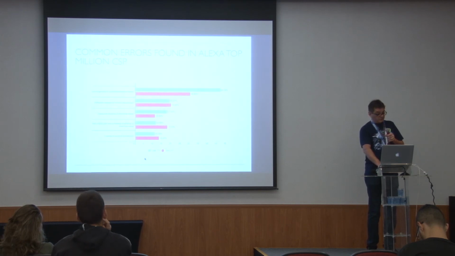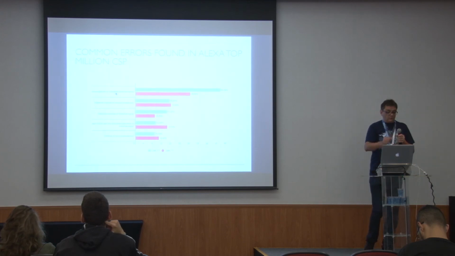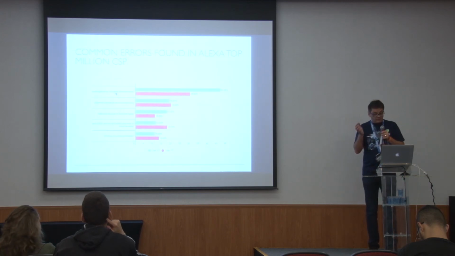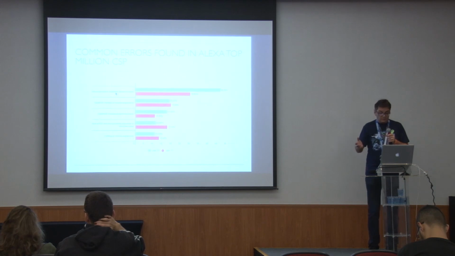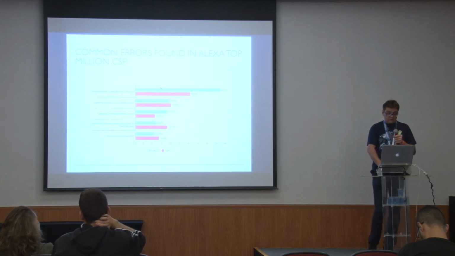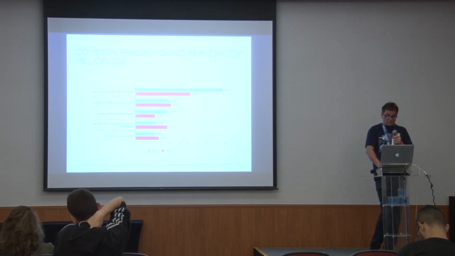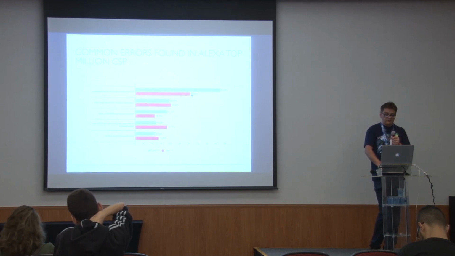January 2017 compared to June 2017, people were using some really outdated directive names that are not supported by any browser anymore. They were using those directive names much more frequently in the beginning of the year than in the middle of the year.